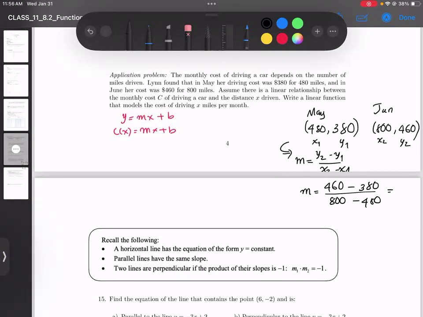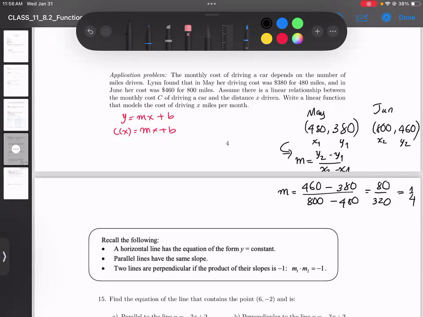I got 80 on the top, and then 320 on the bottom, and you want to simplify that. It will be a quarter, 1/4. So there's your m.